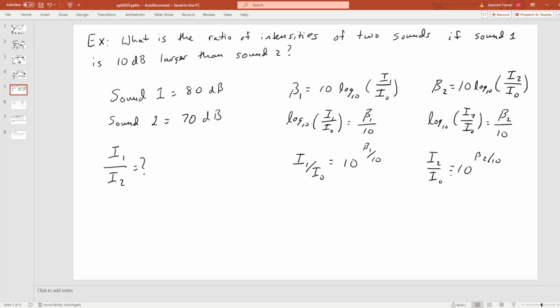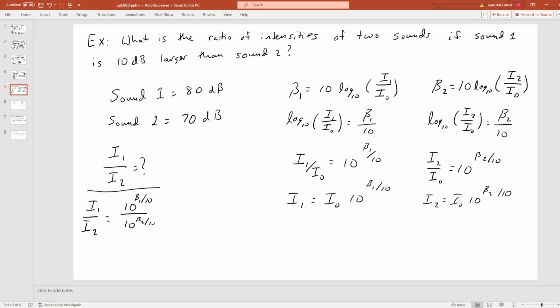And so now I can take this ratio, and if we formally write this out, I1 over I2, the I naughts are going to drop out, so then I'm going to have 10 to the beta 1 over 10 divided by 10 to the beta 2 over 10.